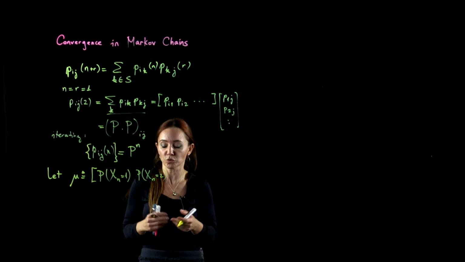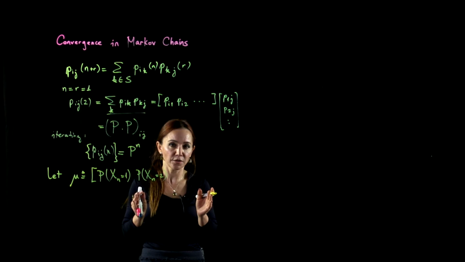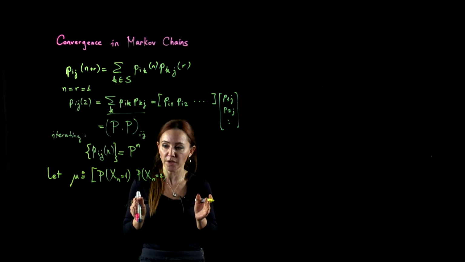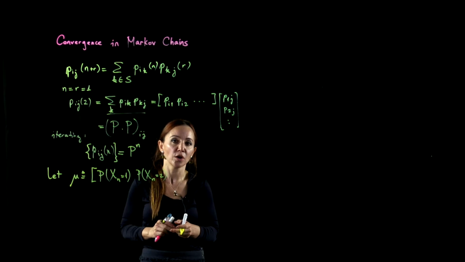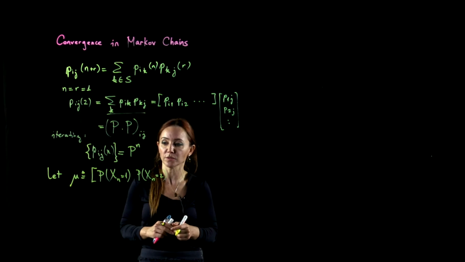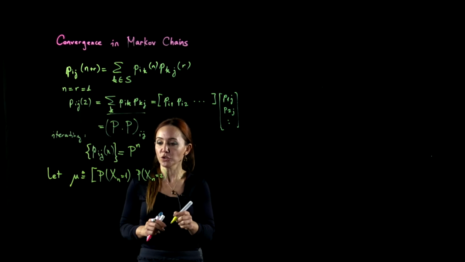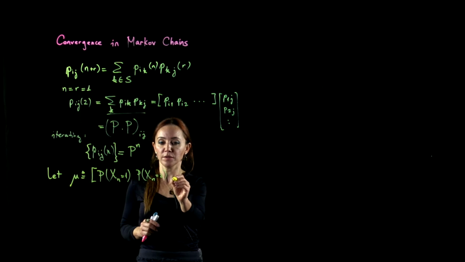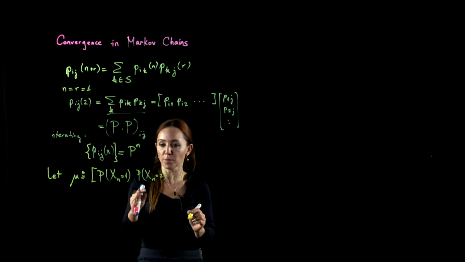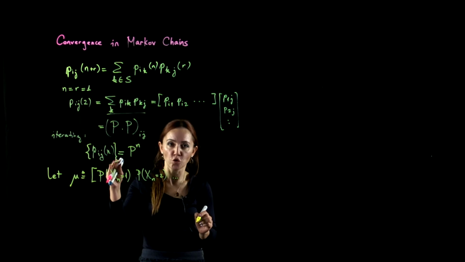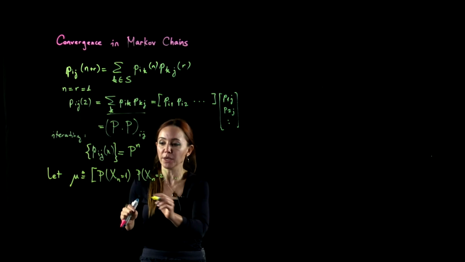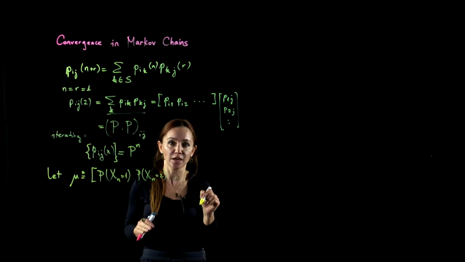For the moment, to make things easy, you can think of a finite state space, but these definitions work for the countable case. So think of this finite-size probability vector at time n. This is the vector of probabilities of the process being in each state at time n.